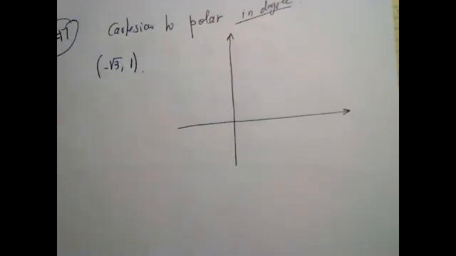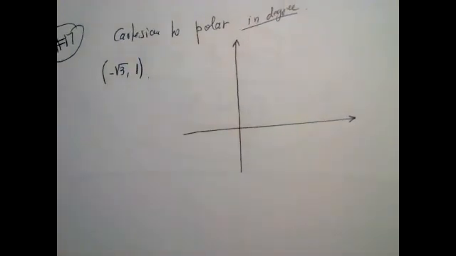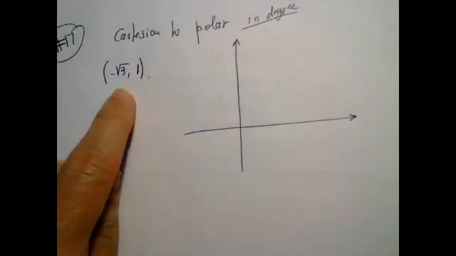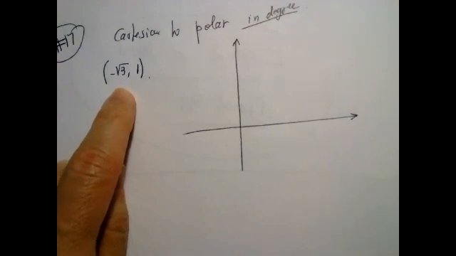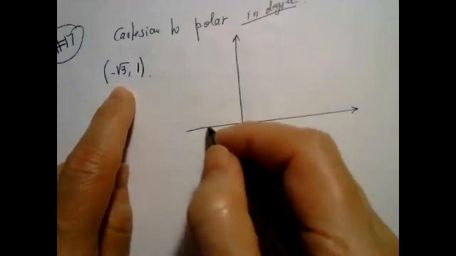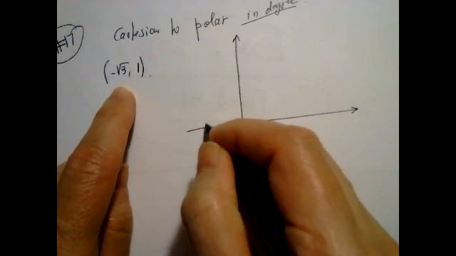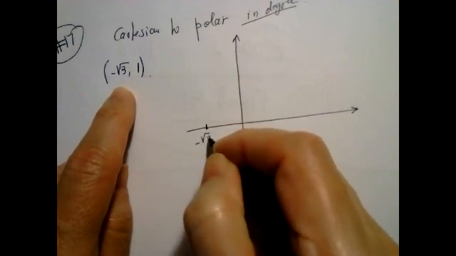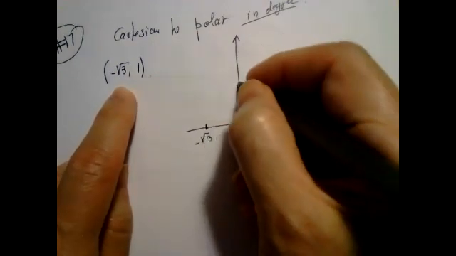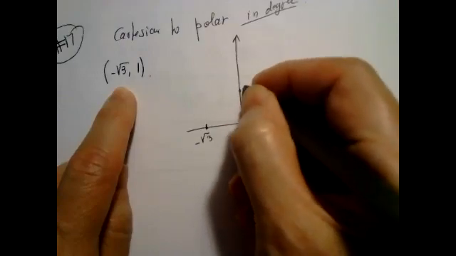And in your exam, I will do my best to remember which unit you should be in. So step number 1, I draw the point. I don't use formulas at all. I first draw the point. So the point is minus square root of 3 and 1. It should be here. That's 1.